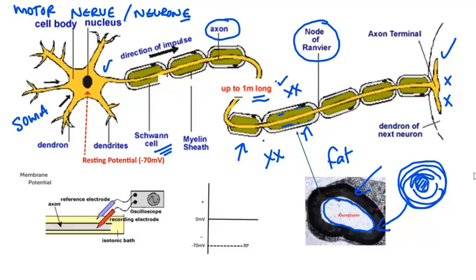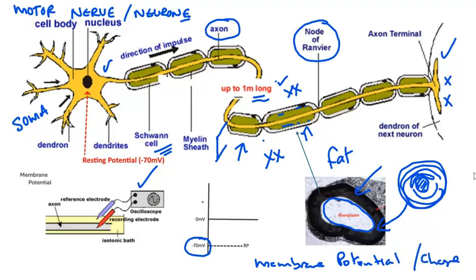Now, researchers have placed electrodes into the axon, and also with reference to the external tissue fluid, and when connected to an oscilloscope, we're able to record that the charge inside the axon is recorded at minus 70 millivolts, and we call this the membrane potential, a charge across a membrane, and it's sitting at minus 70 millivolts, and unless a nerve impulse arrives, it will remain so.